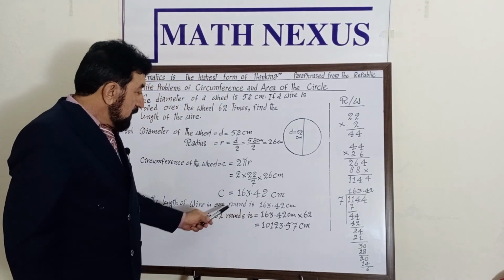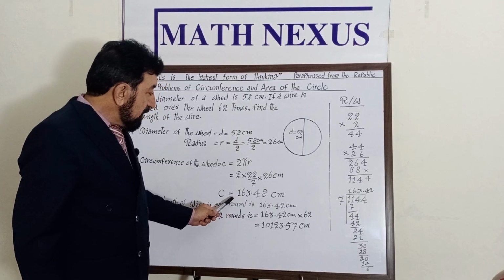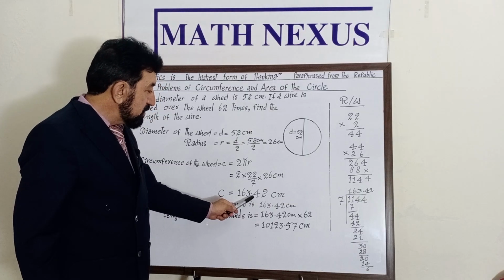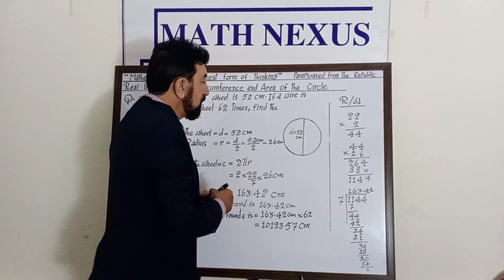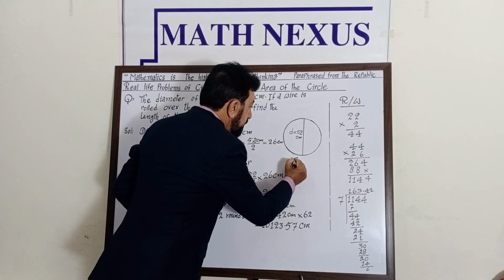It means circumference is equal to 163.42 centimeter. This is the circumference of the wheel.